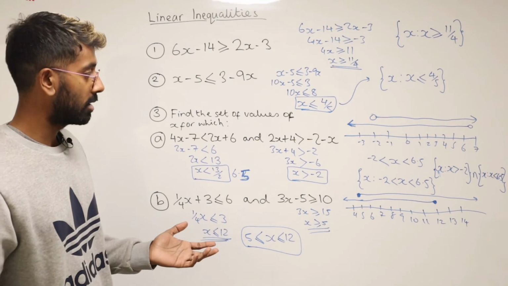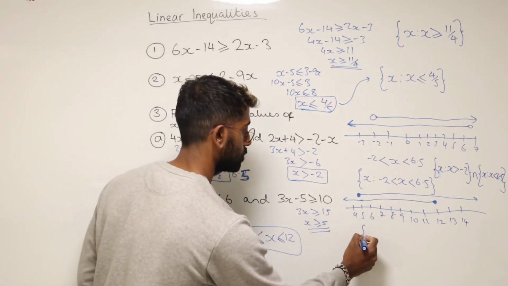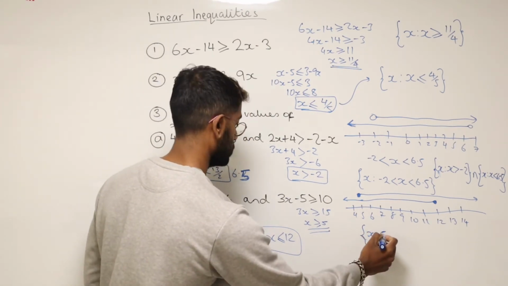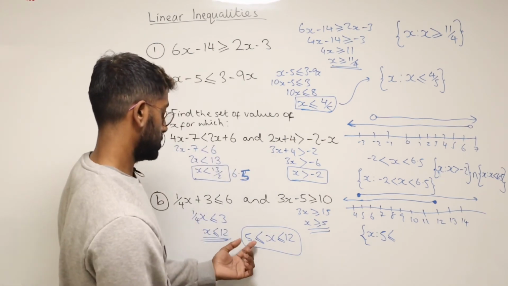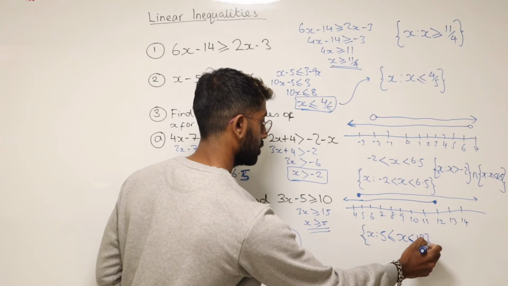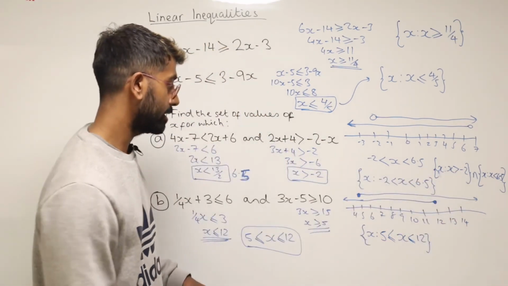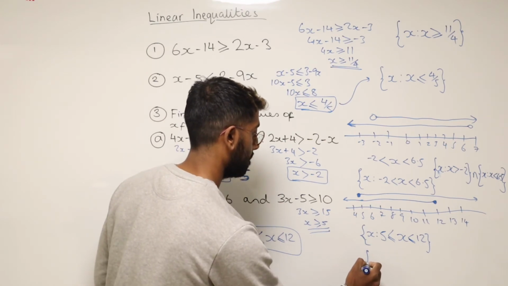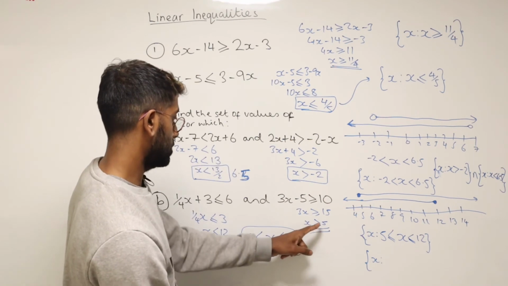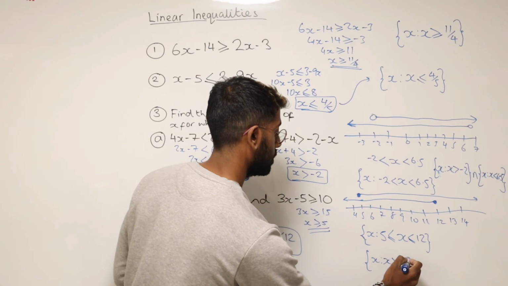That's that done. But now also we can represent this using some set notation. So we could put it together and say basically this same thing here. So 5 is smaller than or equal to x, and x is smaller than or equal to 12. Or we can put them using this notation here, and then it will be the first part here, x is greater than or equal to 5.